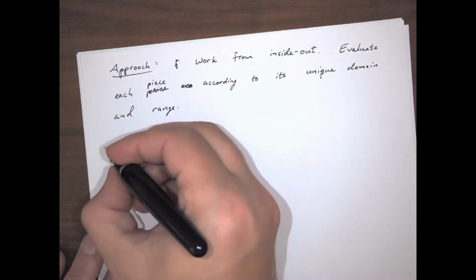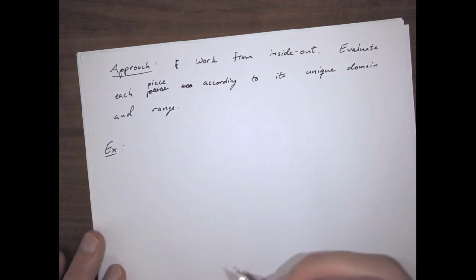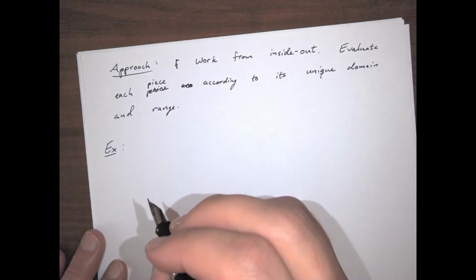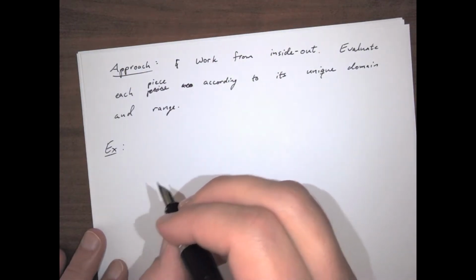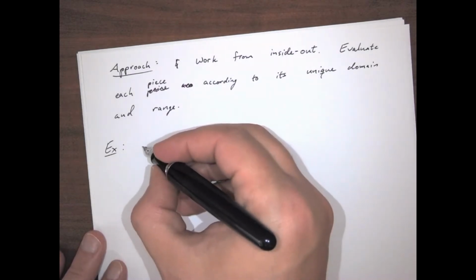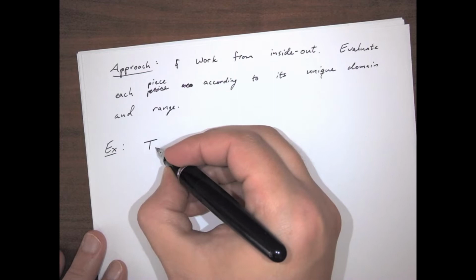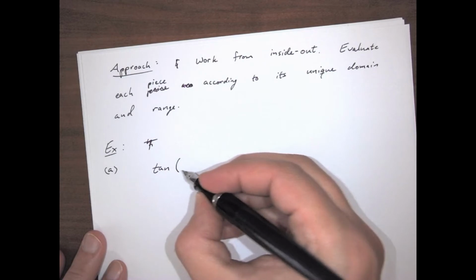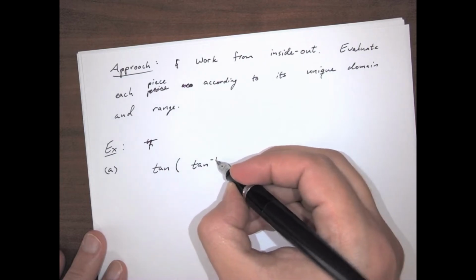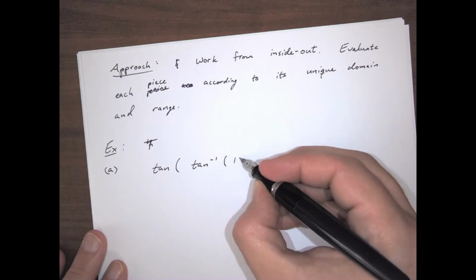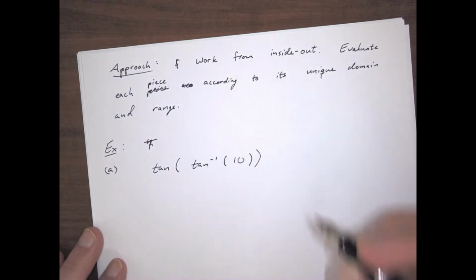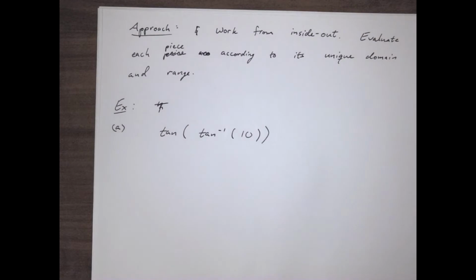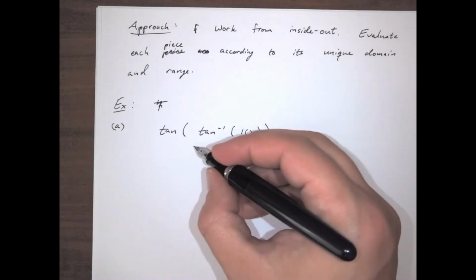All right, let's just try something like this. What if we have the tangent of the inverse tangent of 10? Well, when we do the inverse tangent of 10, this gives an angle.